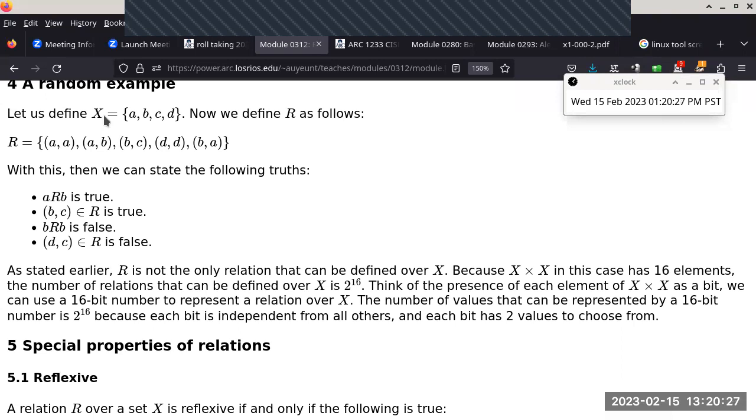The question is, which one relates to which one? So I would call that relation at least as good as, okay? So that means I can say rich and smooth is at least as good as rich but not smooth. I can say rich but not smooth is at least as good as not rich and not smooth. Do you see what I'm talking about?